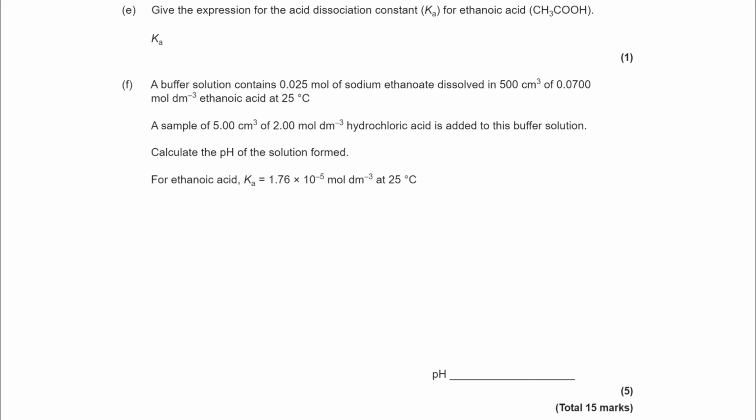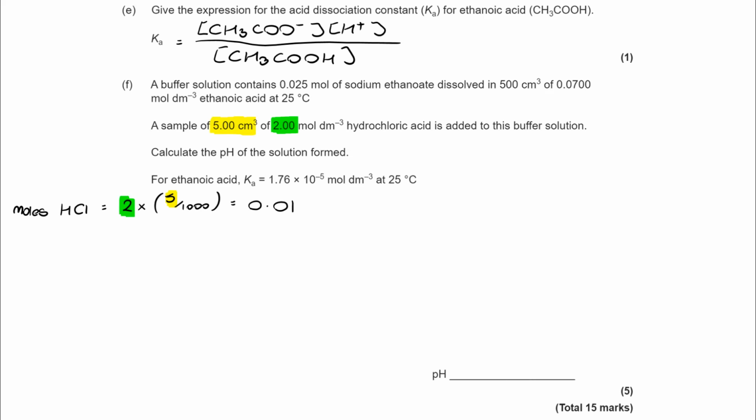Moving on to E and F, well Ka, just like Kc, is the products over reactants. It's concentrations, so we use square brackets, and we put those in here. And when it comes to the calculation below, a buffer calculation, 5 more marks to be had here. I can calculate my moles of HCl that I'm adding to my buffer.